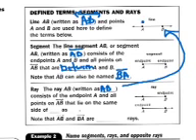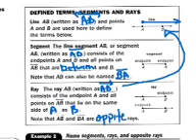So the ray AB, so this side, consists of the endpoint A and all the points on AB that lie on the same side of A as B does. Note that AB and BA are opposite rays.